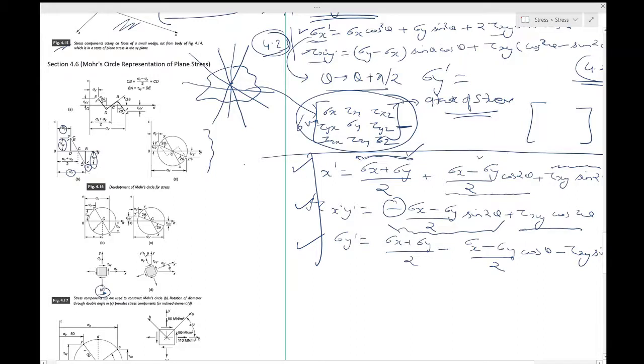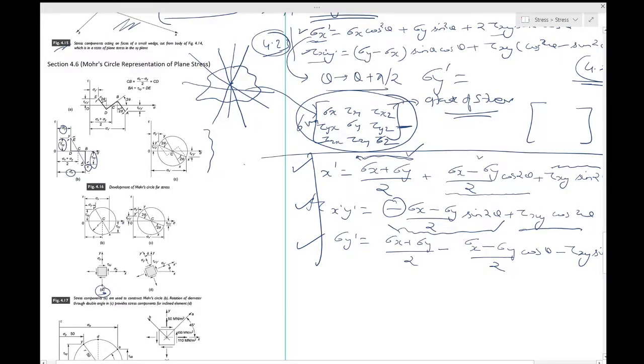Now, once you have two points, you can join them with a straight line, and then you have to see the intersection of this straight line with the sigma axis. That part you can do easily.